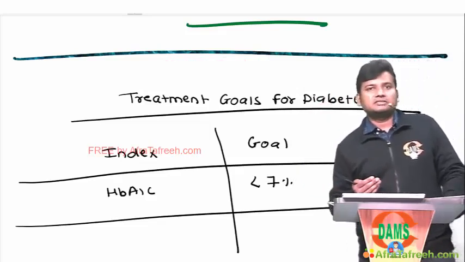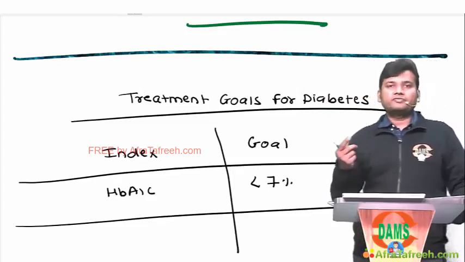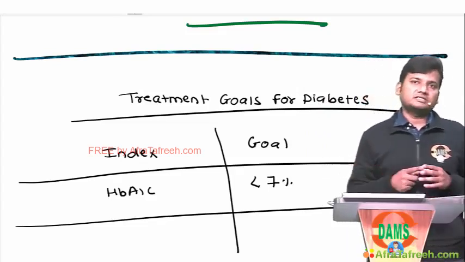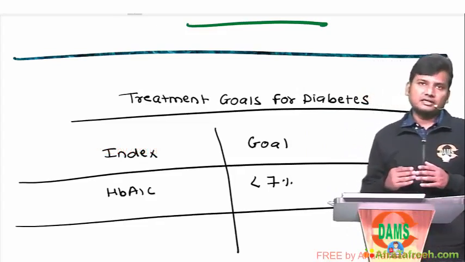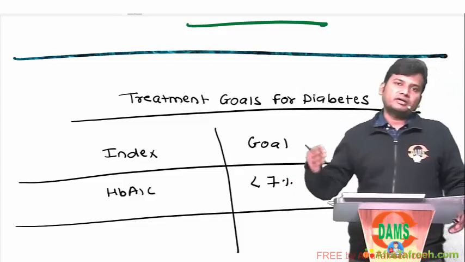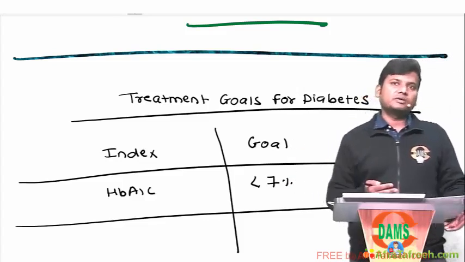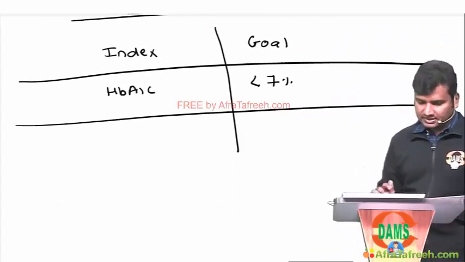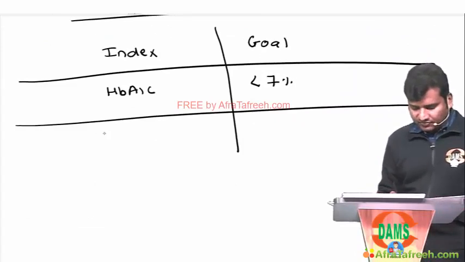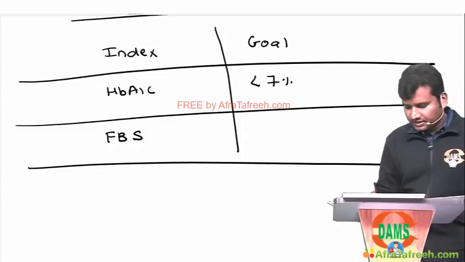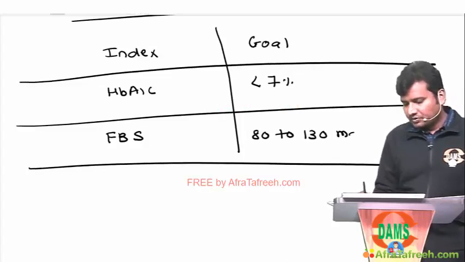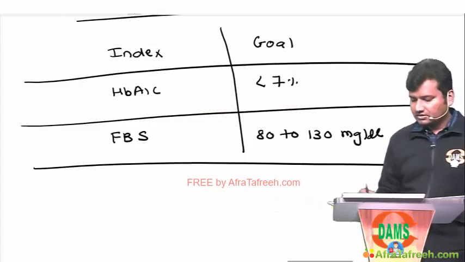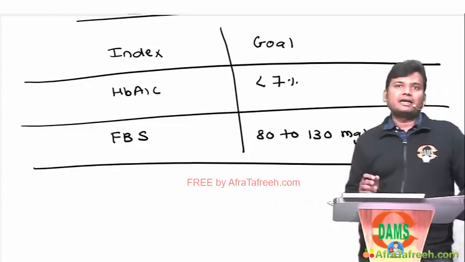If a patient comes to you and in the first visit HbA1c is 9, we will start the treatment, and the target is to decrease HbA1c to less than 7%. The target of fasting blood sugar, preprandial plasma glucose, is 80 to 130 milligram per dl. We want to keep fasting blood sugar between 80 and 130.